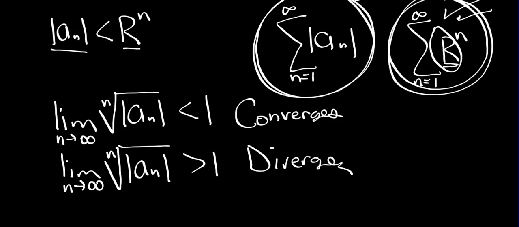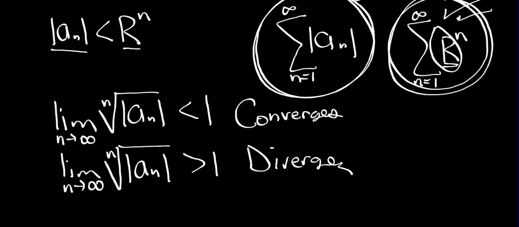And if it's equal to 1, the test doesn't apply. We can't determine anything from it. But you notice it's really the ratio test. The same argument that we apply for the ratio test, we apply to this one. So it's kind of a natural extension.